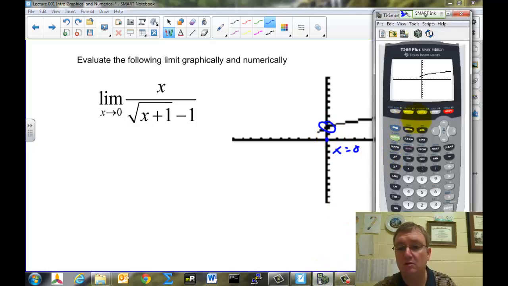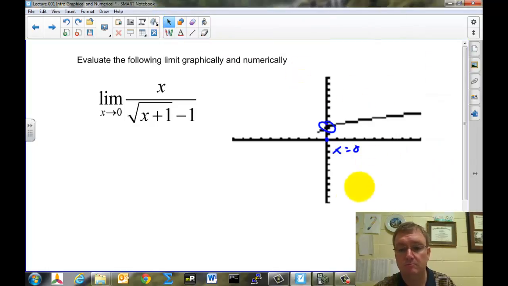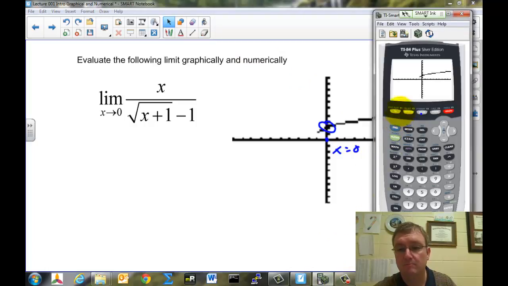What can we do? We can press zoom. We can press zoom and 2 for zoom in, and see if we get any better indication.